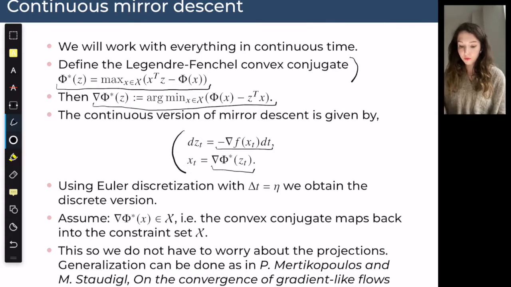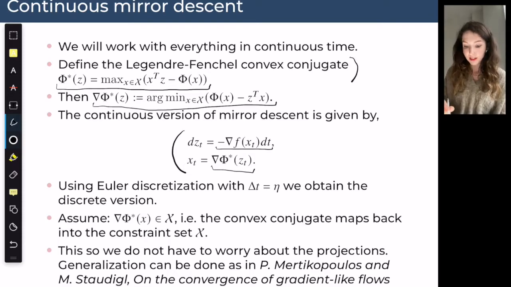Now, the reason that this is the same as the discretized version is the same as the mirror descent that I had in the last two slides.